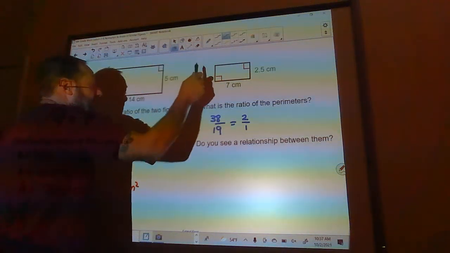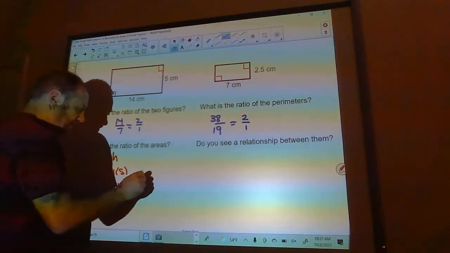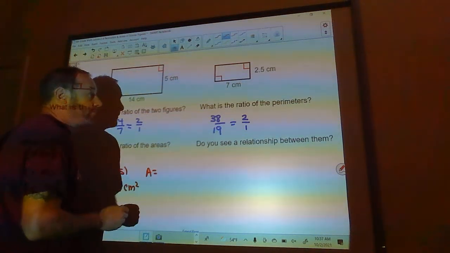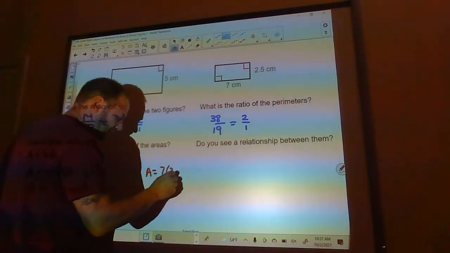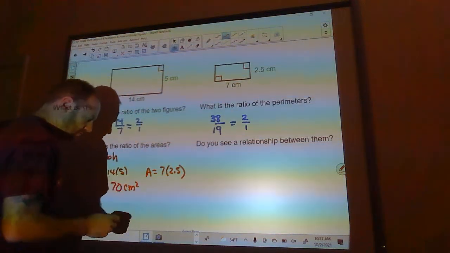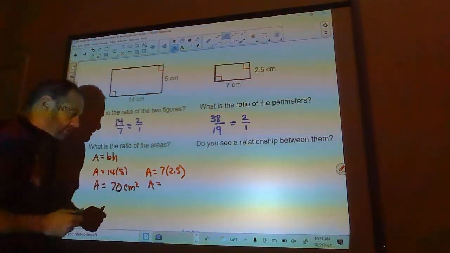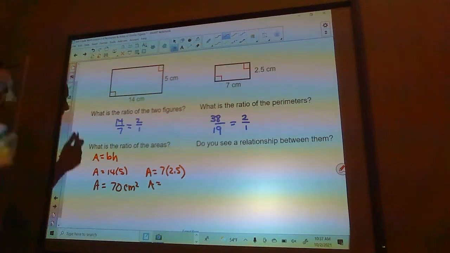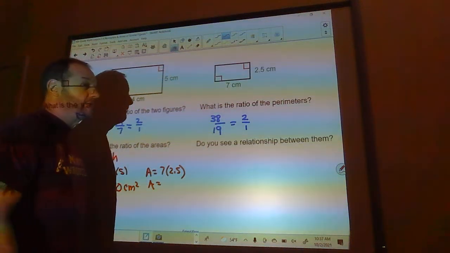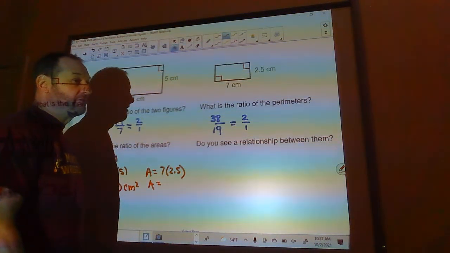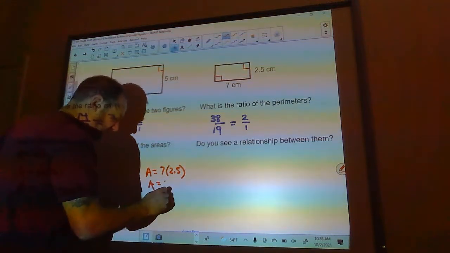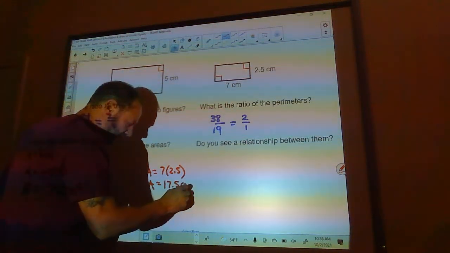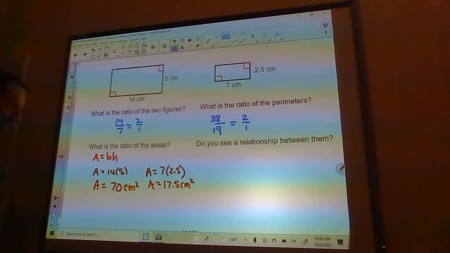Okay, now I got to figure out the area of the other one. So the area of the other one is going to be 7 times 2.5. Okay, so that would be the same as 7 times 25, which would be 175. But I move the decimal over, that's going to be 17.5 square centimeters.